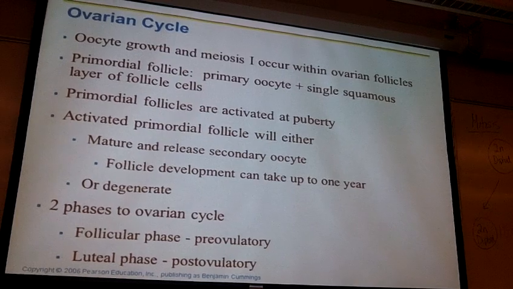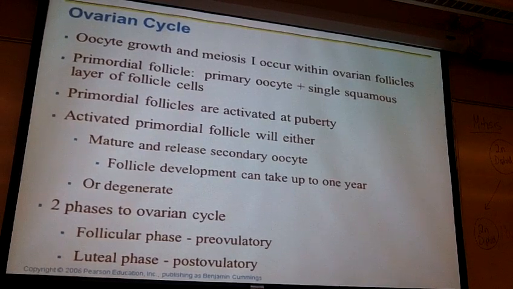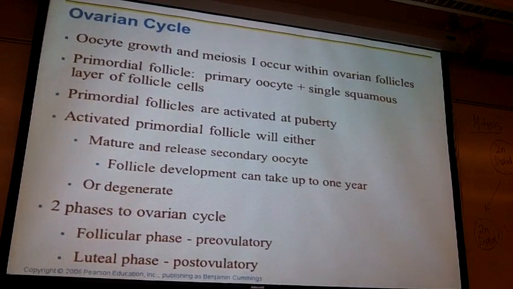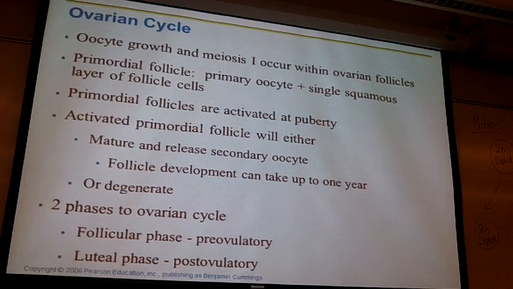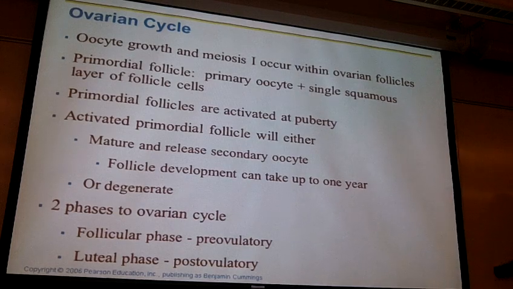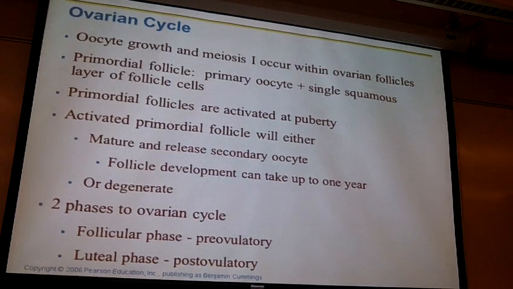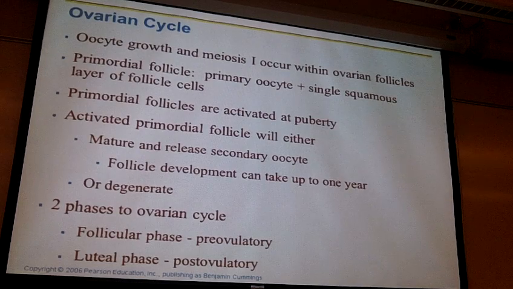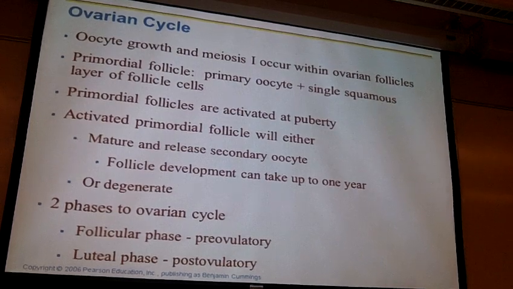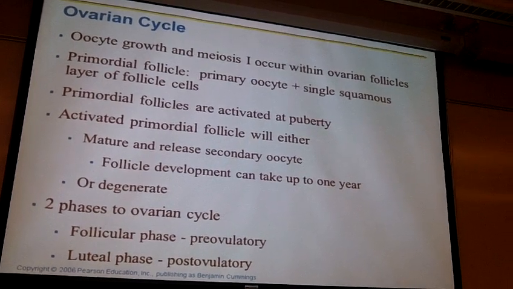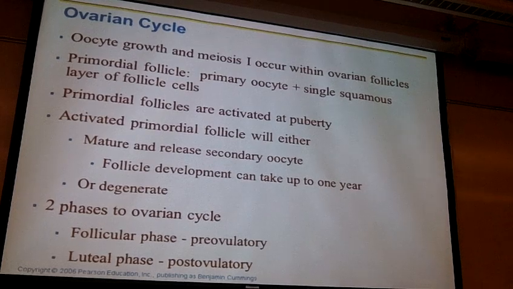Now again, we're going to look at the ovarian cycle, and then we're also going to look at the uterine cycle as well. Right now, we're just going to look at the ovarian cycle. But I want you to keep in mind that what happens in the ovarian cycle is going to influence what happens to the uterus. So we're going to come back and line these two cycles up.